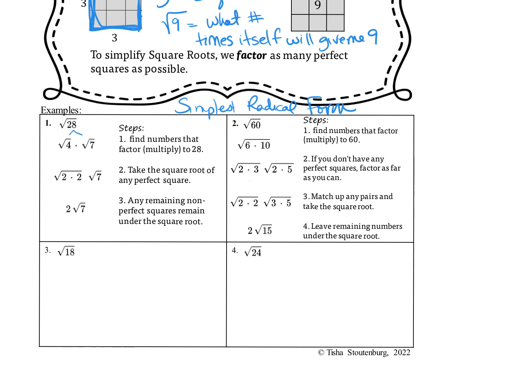And you'll see here that 4 times 7 equals 28. Now, the square root of 4 is 2, because 2 times 2, or 2 squared, does give me 4.